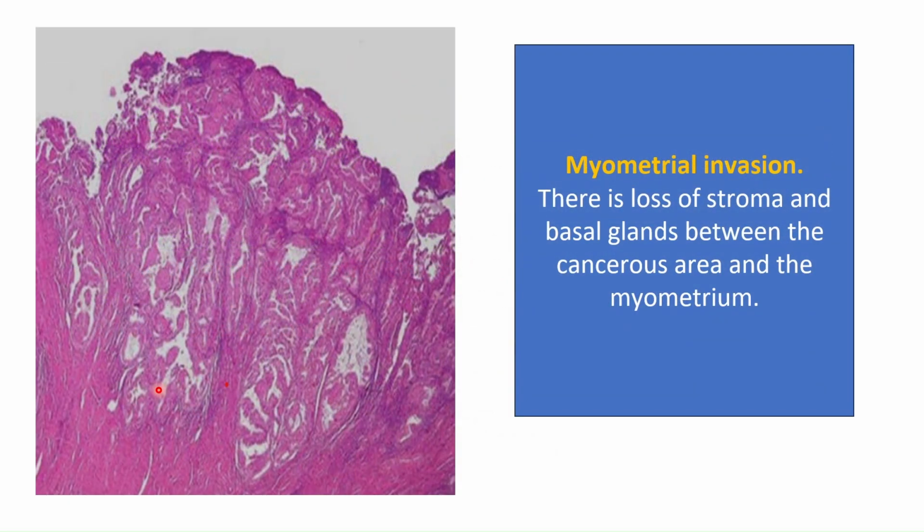So this is myometrial invasion, where we can see this is the tumor part and it is directly touching the myometrium, and there are no glands of the basalis layer, which is absent here. So this is myometrial invasion, and there is no stroma surrounding the malignant glands.